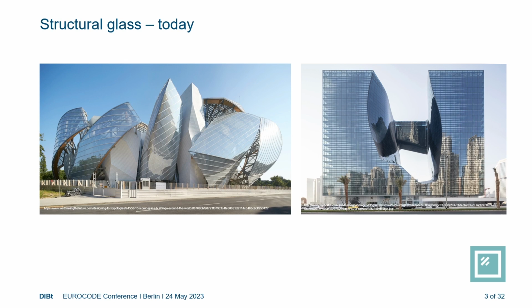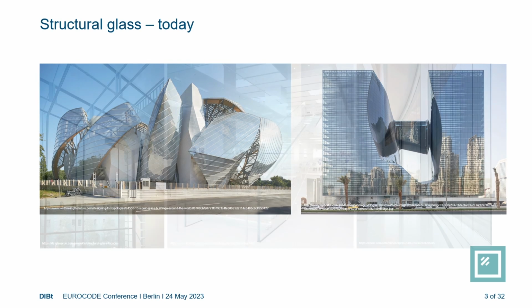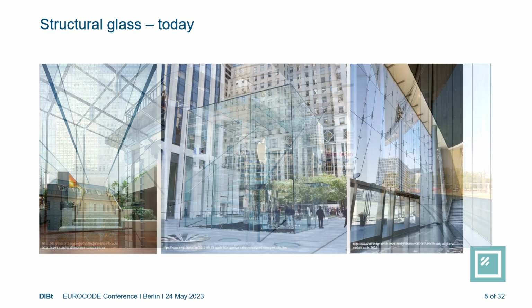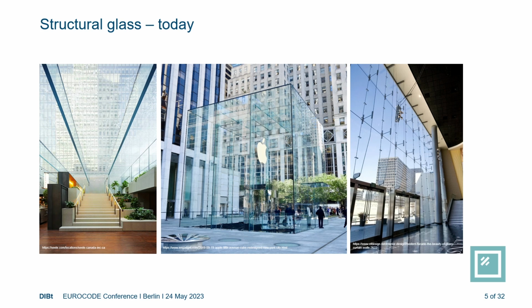But it's not only these big, impressive things. We can also observe structural developments. We are including glass now for columns, frames, beams, staircases, or even simple fins in a facade, and it has already become iconic for some structures.